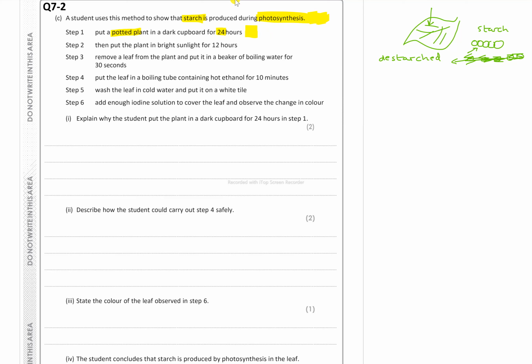Then put the plant in bright sunlight for 12 hours. Remove the leaf from the plant and put it in a beaker of boiling water for 30 seconds. That kills it off. Then put the leaf in a boiling tube containing hot ethanol for 10 minutes. That removes the color, the pigment, the chlorophyll.